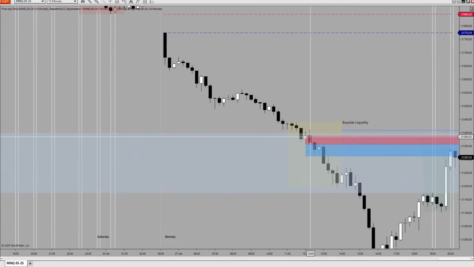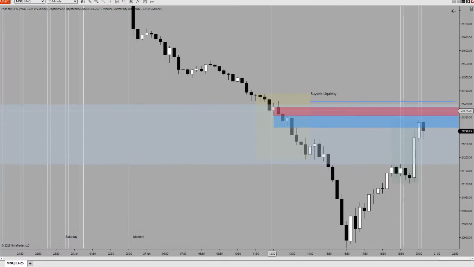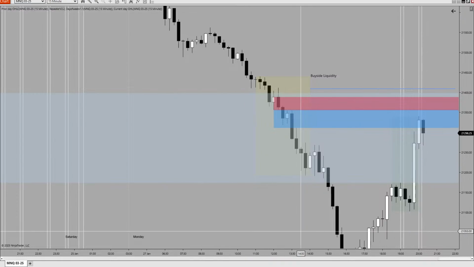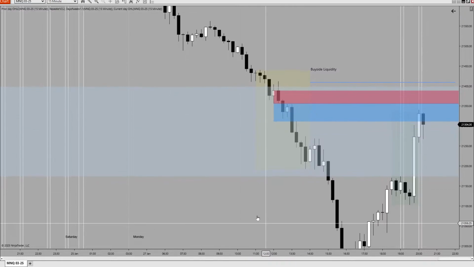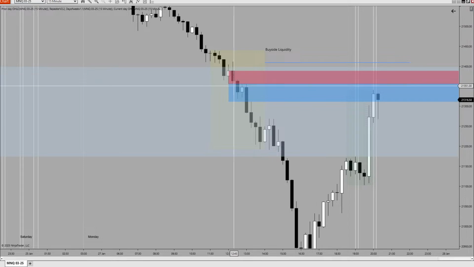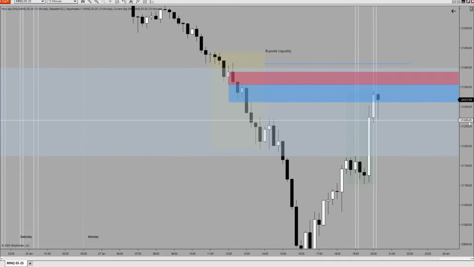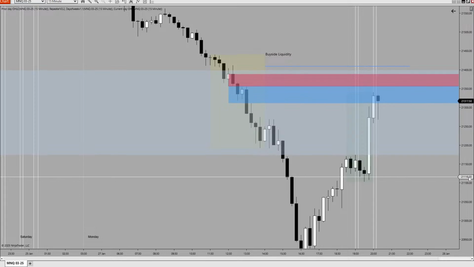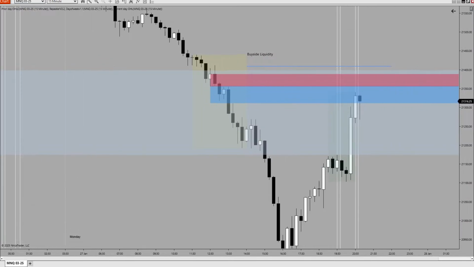And that balanced price range you can see on a 15-minute basis, this is an up close candle. So on the sell side, we are looking for these up close candles to act as resistance. Okay. We are past that 8:30 news right now.